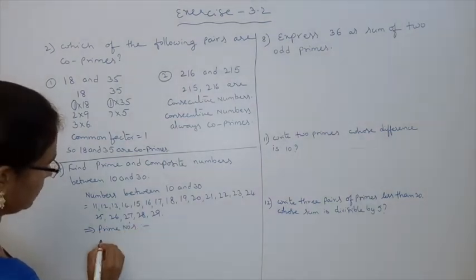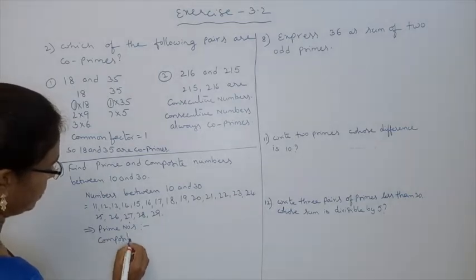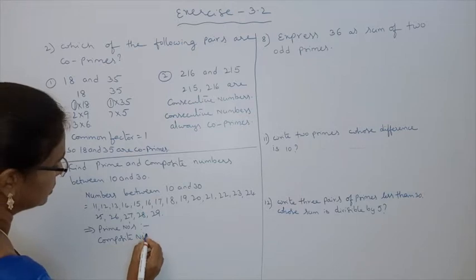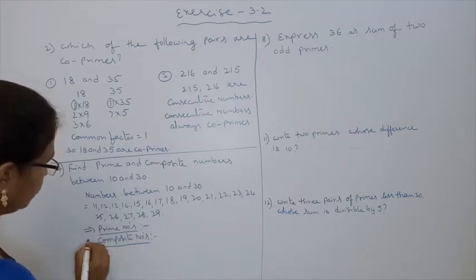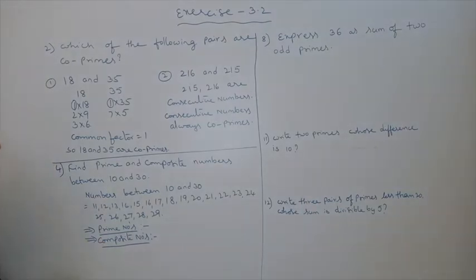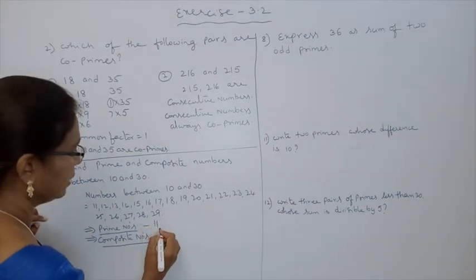Prime numbers means which have only two factors, 1 and itself. Composite numbers means more than 2 factors. Now 11: no other number goes, so it has only 2 factors, 1 and 11. Then 11 is a prime number.